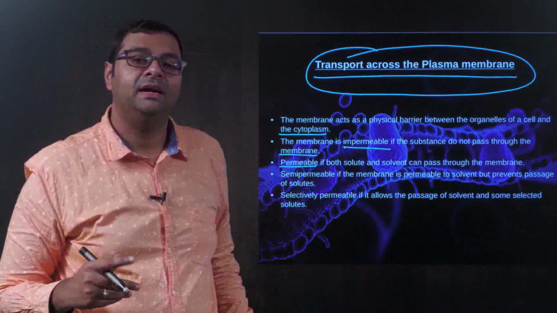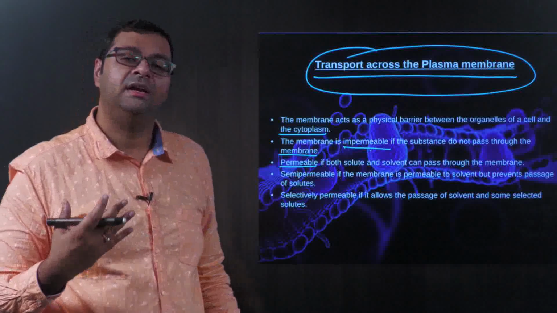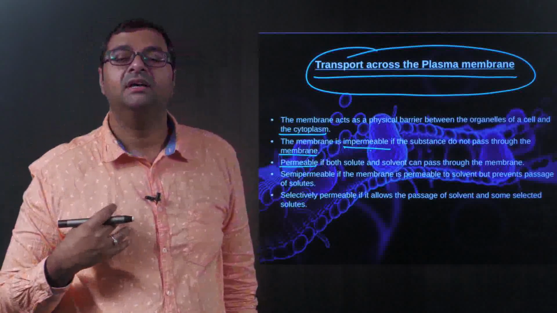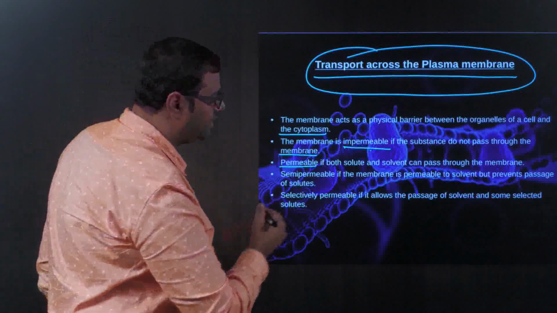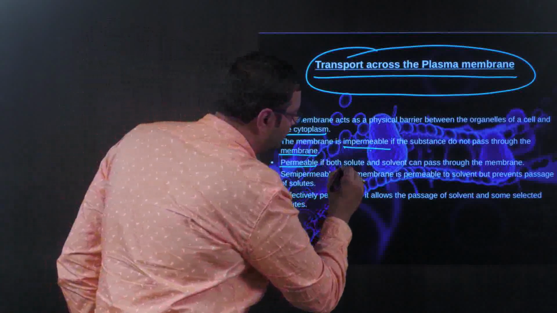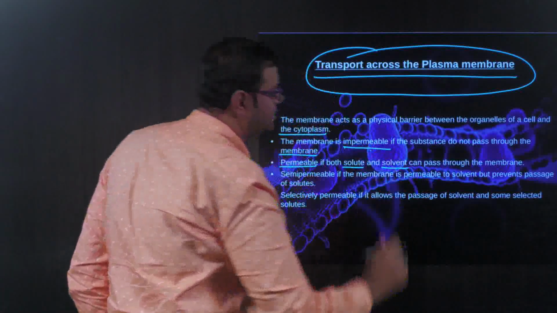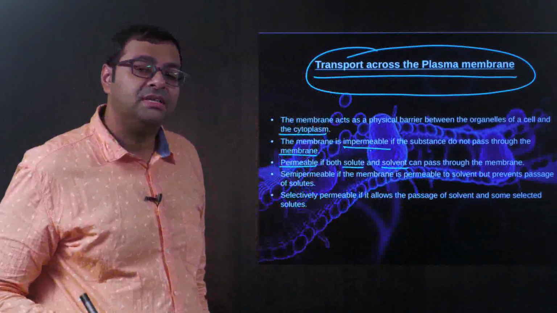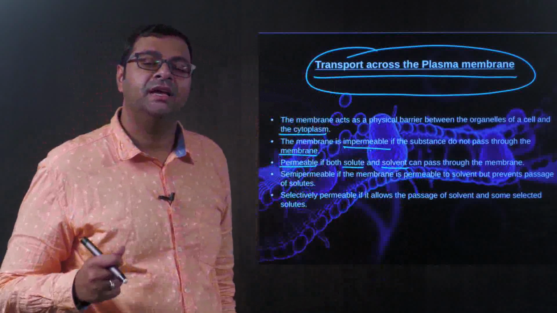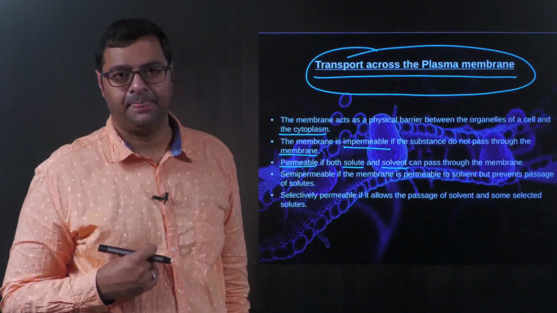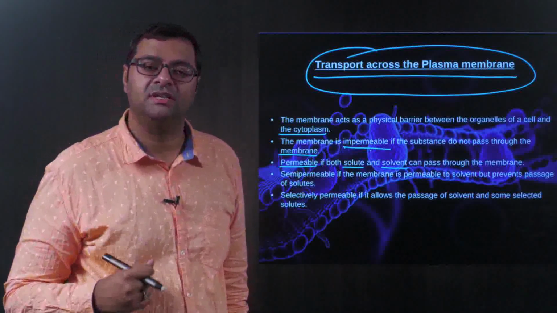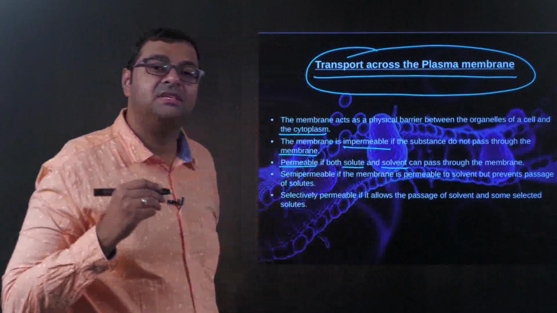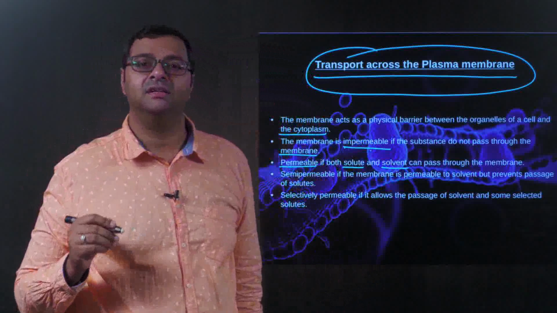Now the next one is permeable. Permeable means it allows the movement of particles in and out of the cell. Here you have two concepts, which you might have learnt already: solute and solvent. A solute is a substance which is getting dissolved, and a solvent is a substance in which the solute is getting dissolved.